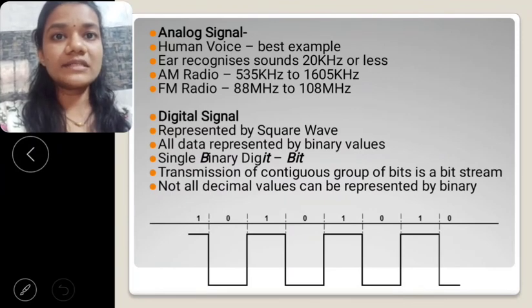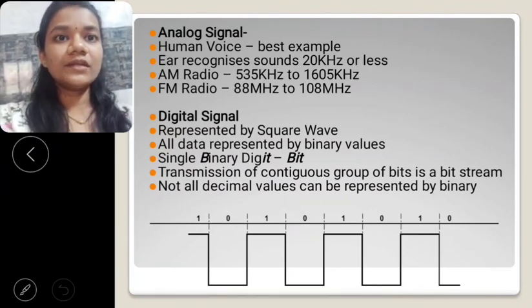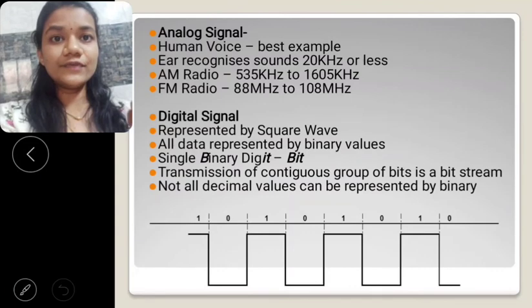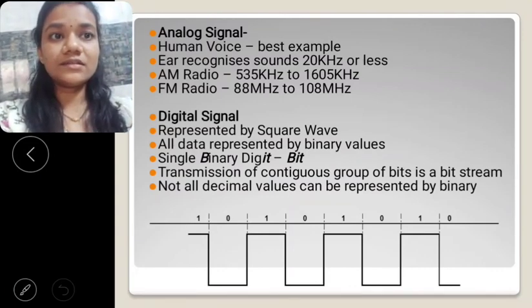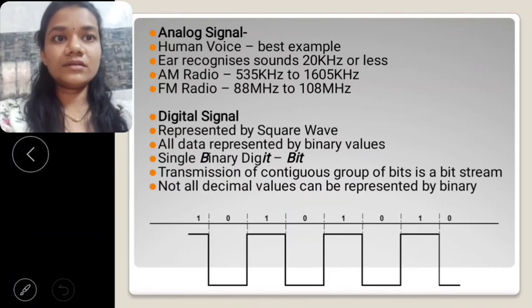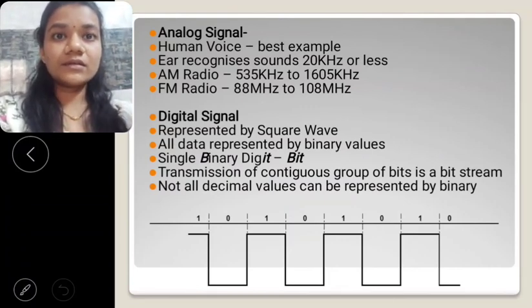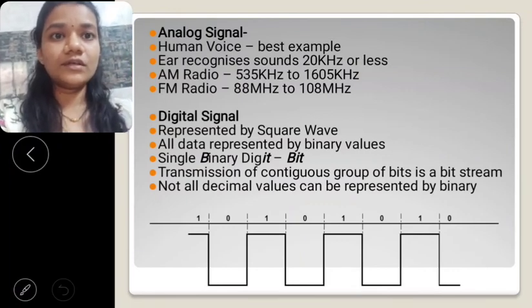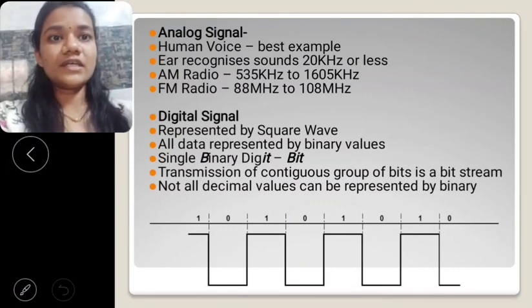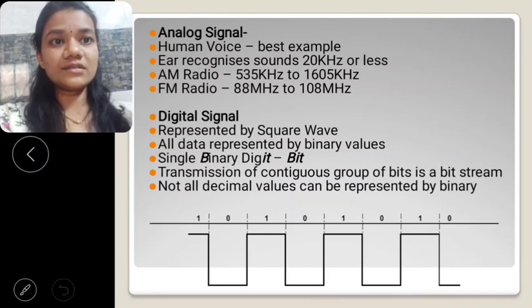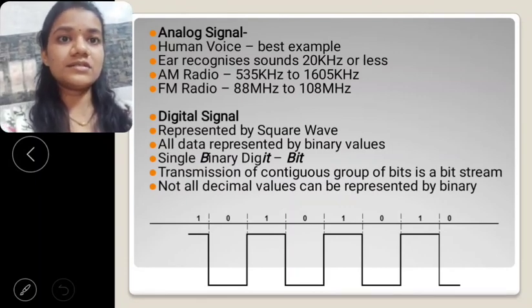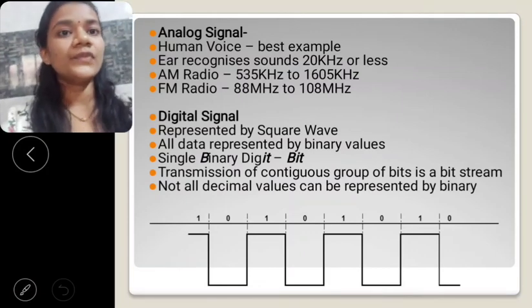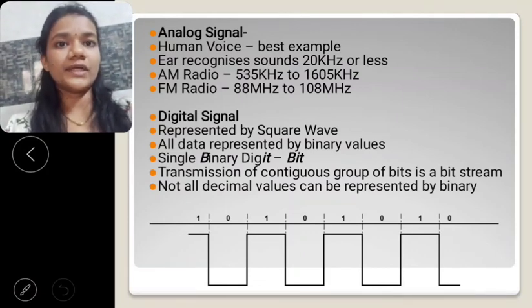Human voice is the best example of an analog signal. As we know, the frequency of sound our ears can hear is 20 kilohertz or less. The frequency of AM radio is 535 kilohertz to 1605 kilohertz, and for FM, frequency modulation radio, it is 88 megahertz to 108 megahertz.